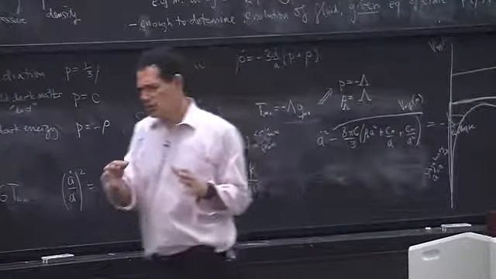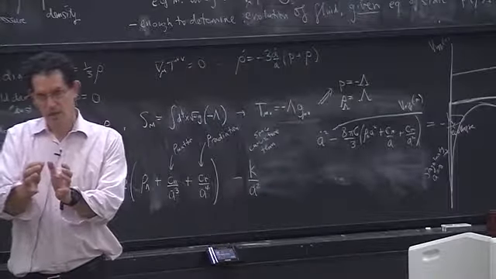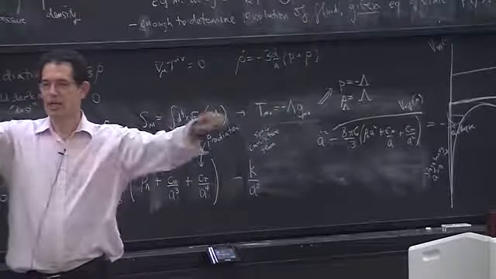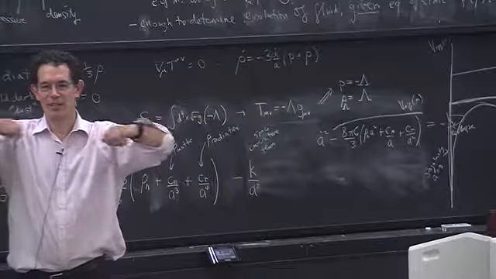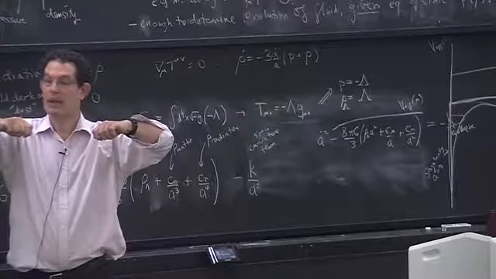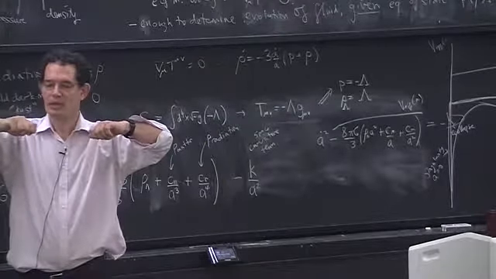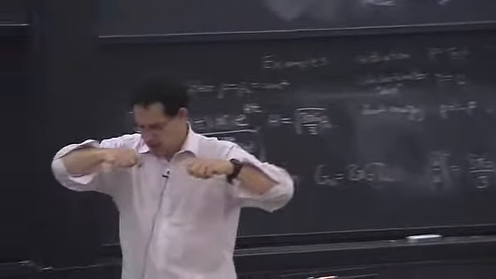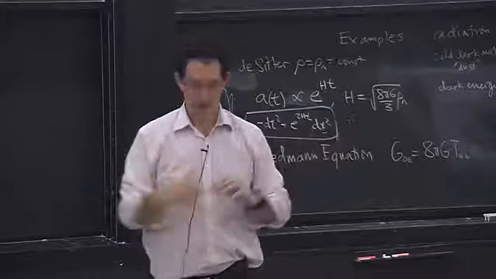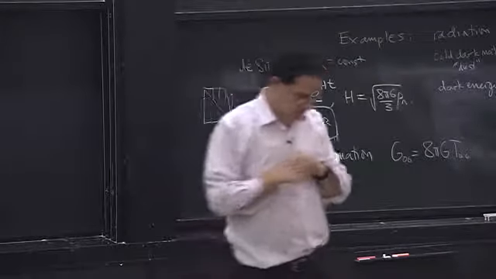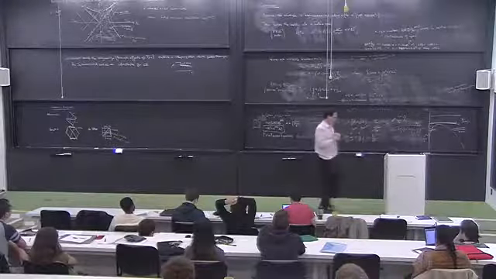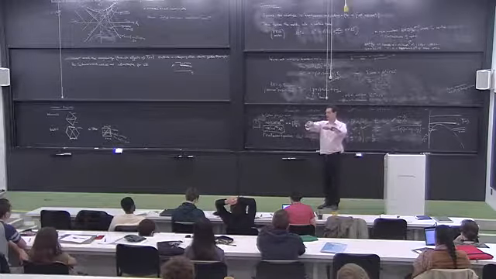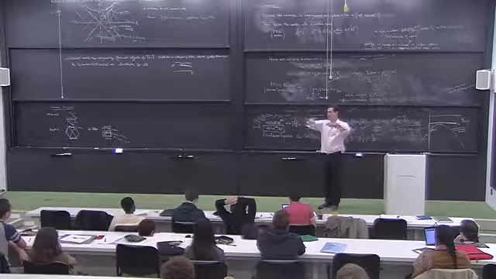Now, that's kind of intuitive because, think about a string, again my example of negative pressure. As I stretch it, I'm doing work. The expansion of the string is doing work on it.